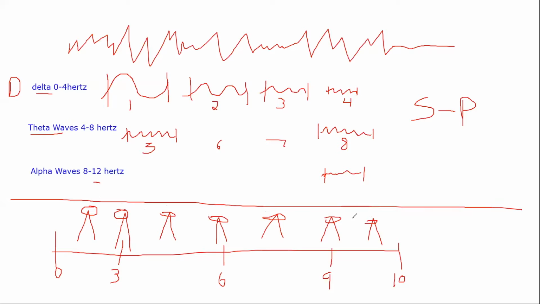So from a chemical way to address this, I want to get rid of those. So how might I get rid of that? A good way to get rid of thetas, because they're slow, is to give the brain something that will make it go faster, okay? Hence the introduction of amphetamines or caffeine. So if I introduce a variant of something that will speed up the brain, literally speed, a form of amphetamine.